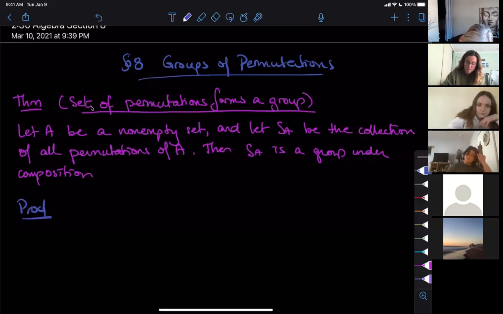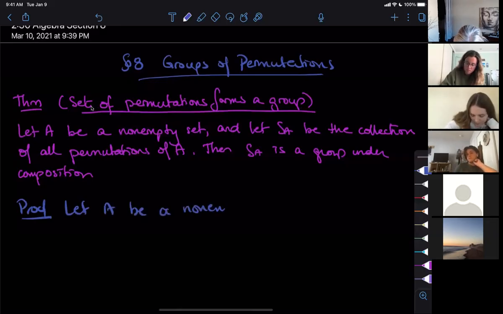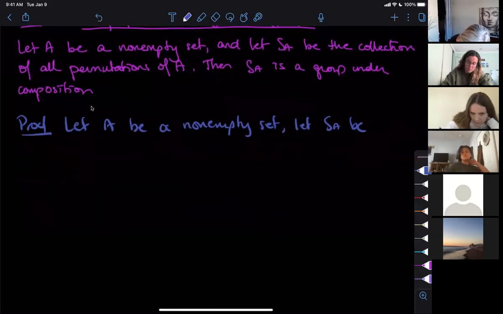So we're going to assume hypotheses. Let A be a nonempty set, and let S_A be the collection of all permutations.